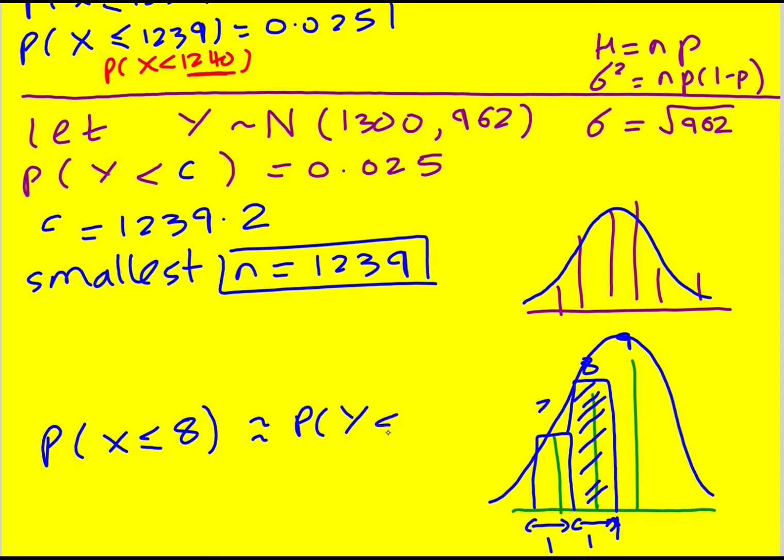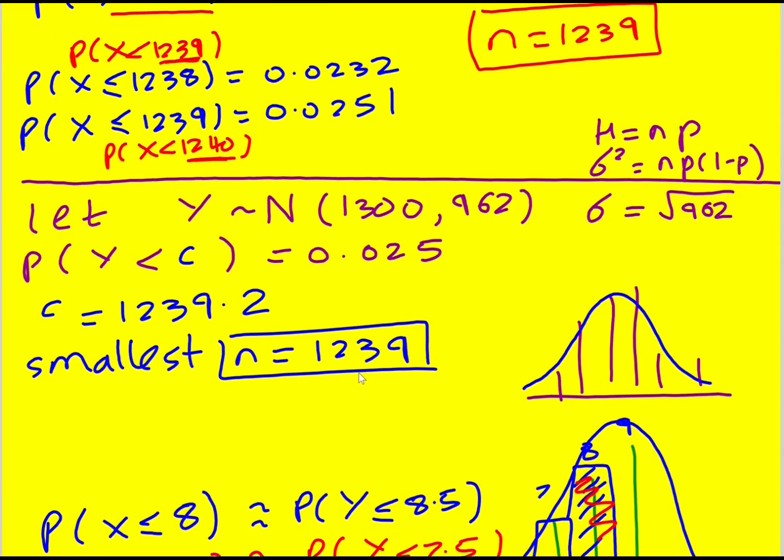So it's going to be less than or equal to 8.5. If I wanted the probability that x is less than 8, so now I actually don't want this bit here, it would go to 7.5. And that is our continuity correction.